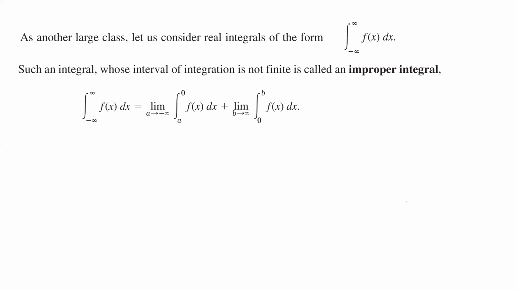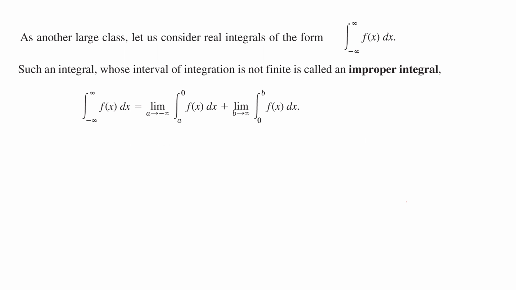The integral from -infinity to infinity of f(x) dx is equal to the limit of the integral from a to 0 of f(x) dx as a goes to -infinity, plus the limit of the integral from 0 to b of f(x) dx as b goes to infinity.